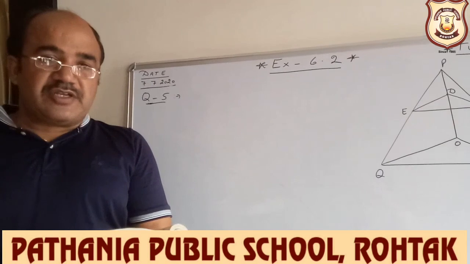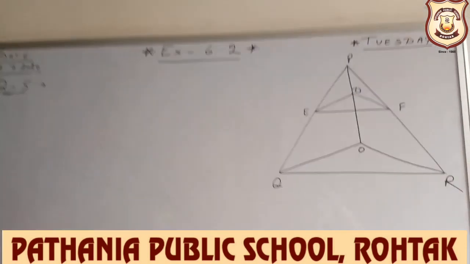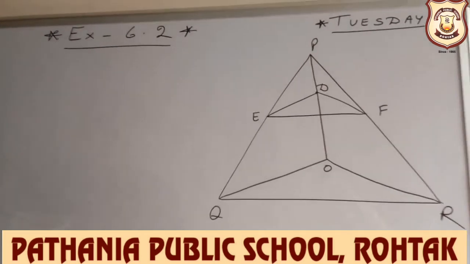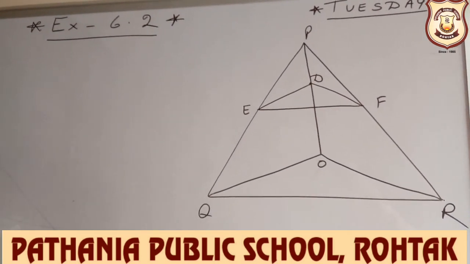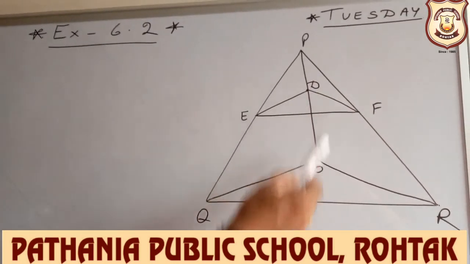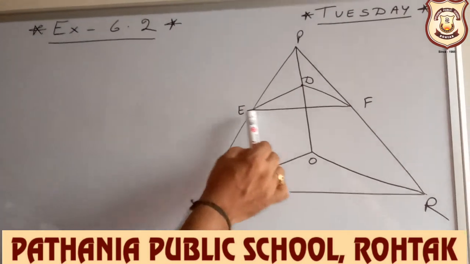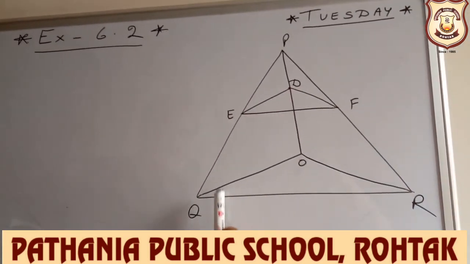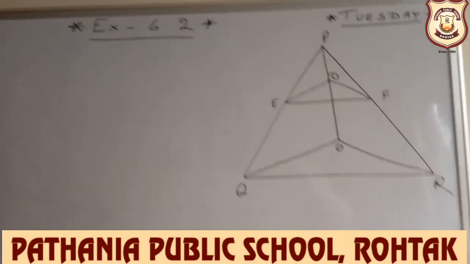Now see question number 5. In the figure, DE is parallel to OQ and DF is parallel to OR. Prove that EF is parallel to QR. So start with the given.